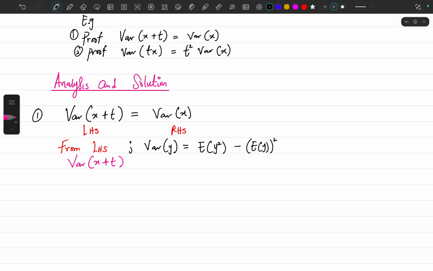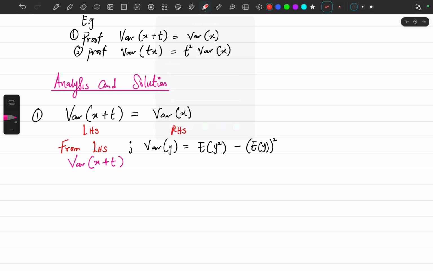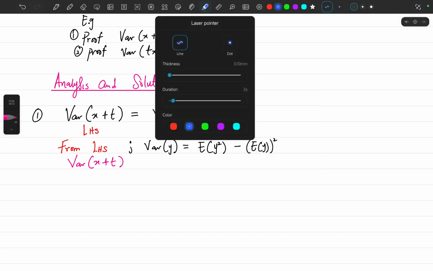So in that way, we can now introduce the concept. The concept I would like to introduce here is to take this value for this value. Anywhere we see the value of y, we can substitute x plus t.